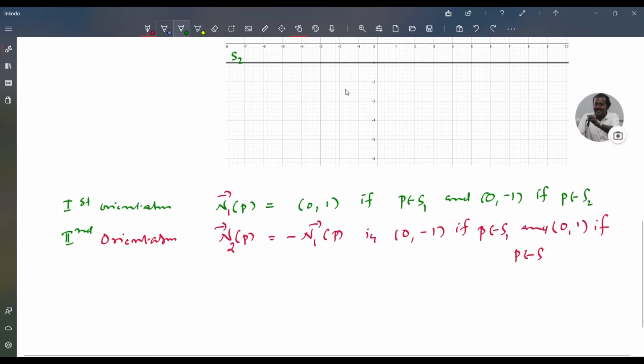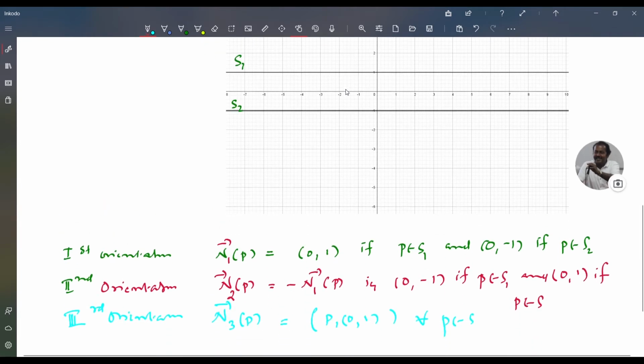And third orientation, n3 of p is (p, 0, 1) for all p belonging to S. So that is this. At each point you are assigning the vector (0, 1).